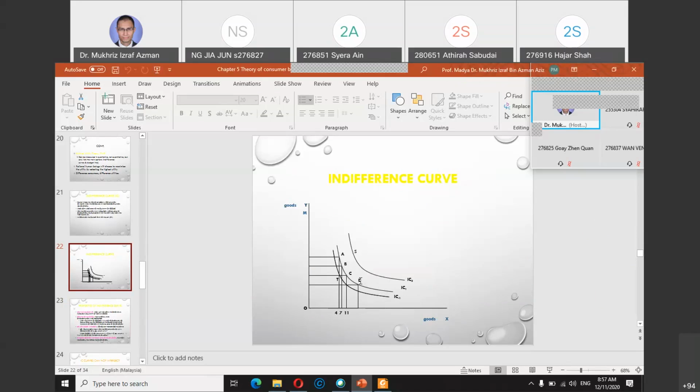And then you can only move to a higher indifference curve if your income increases or the price of good X and good Y drops. And your indifference curve can also go backward or drop if your income decreases, or the price of good X and good Y increases.